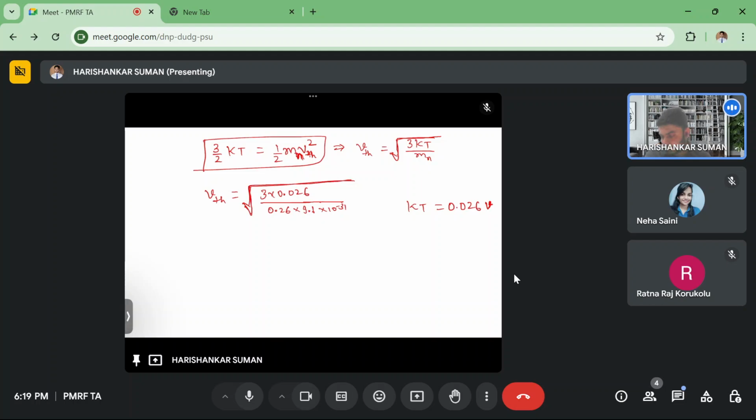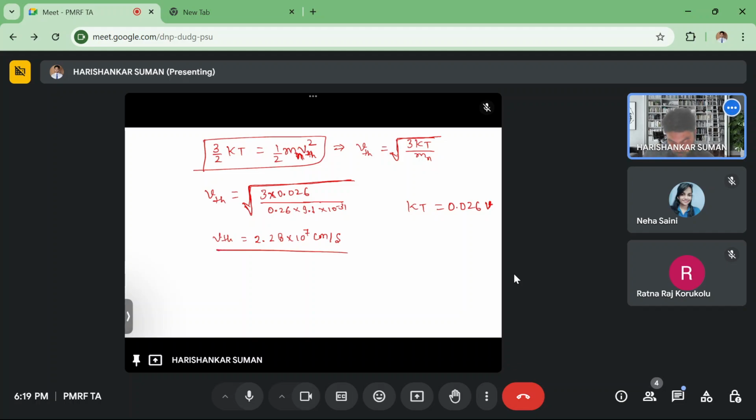So now please solve this square root. Tell me the answer. It will be around 2.2 in centimeter per second. Try to solve this.